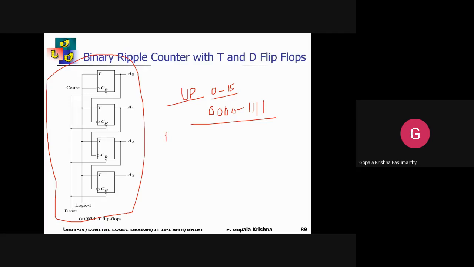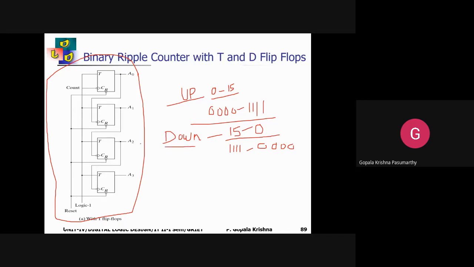And we can design a binary down counter also, means a counter which counts numbers in reverse sequence. See, if your counter counts from 15 to 0, that is 4 ones, 1, 1, 1, 1, to 0, 0, 0, 0, then we call it a down counter. How do we do that?